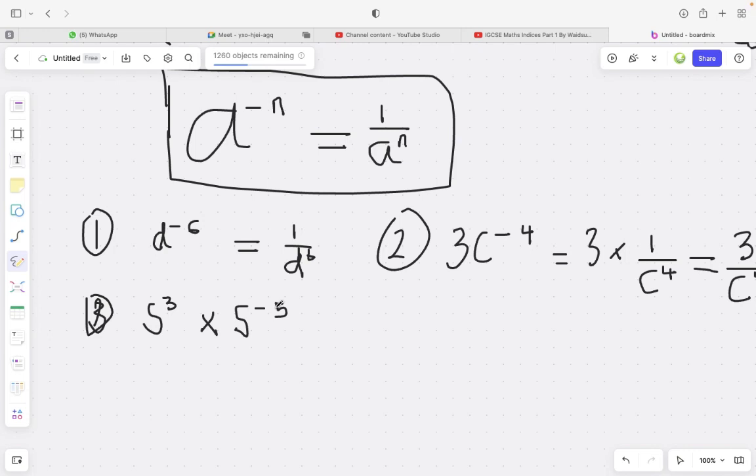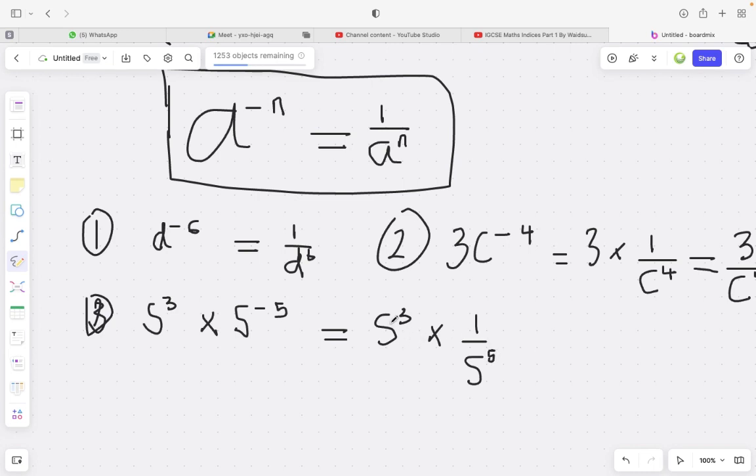So what we need to do is simply, there are two ways to do it. Either we put this one in fractional form straight away. You say s to the power of 3 times, this s to the power of negative 5 means 1 all over s to the power of 5 at the bottom.